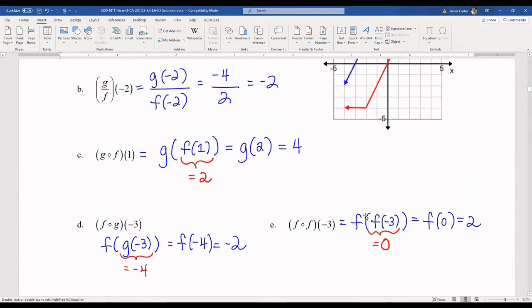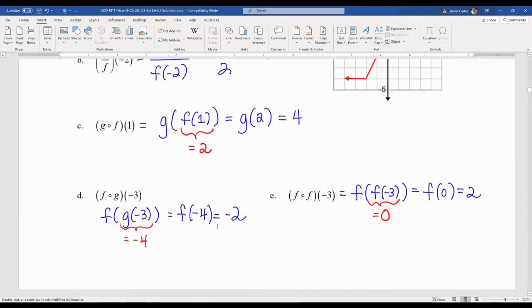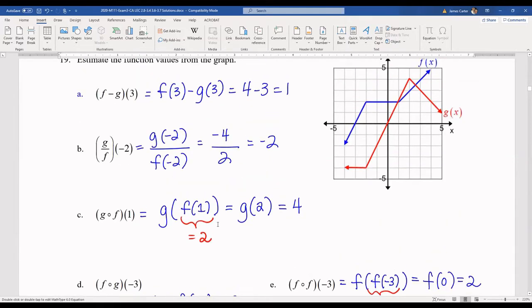I'm barely going to be able to reach this. I may have to jump back and forth. Okay, f compose g of 3. So we find the g of 3 right here, 1, 2, 3, and go up, and it's 3.